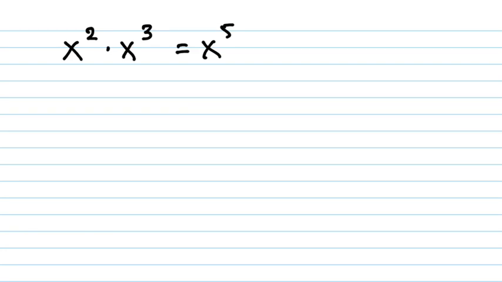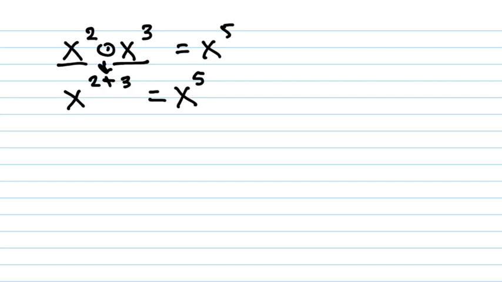So to reinforce that, here's the way I want you to show me the work. It's x to the 2. Do I have the same base? Yes. The first exponent is a 2. Since I'm multiplying, what am I going to do to the exponents? Add them. And the second exponent is a 3. And x to the 2 plus 3 gives me x to the fifth.